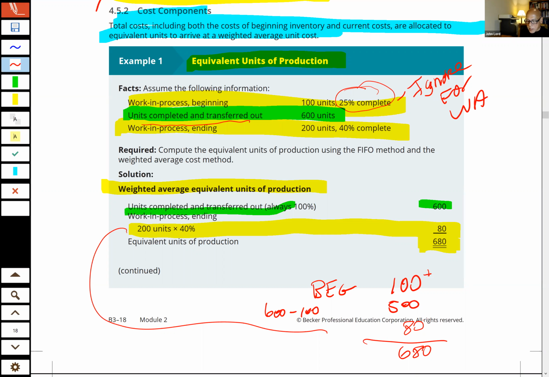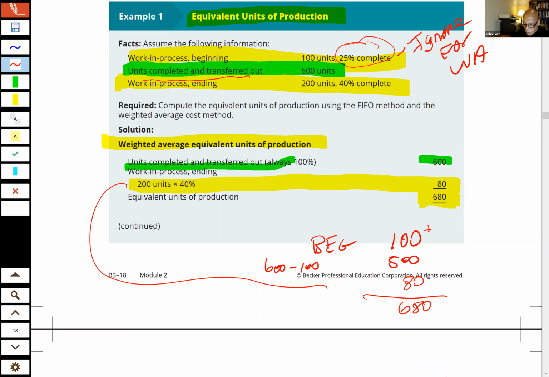The reason I'm pointing this out is sometimes the question will tell you the units that have been completed, and sometimes it may not, and then you're going to have to know that you have to adjust for the beginning inventory, which you already put in there at 100%. Okay, good.